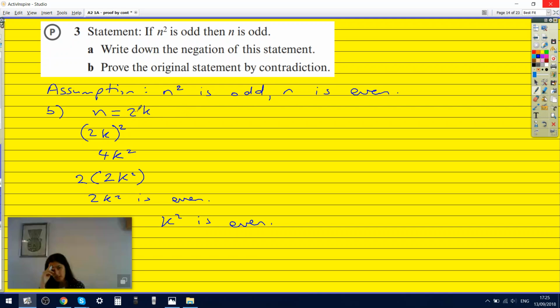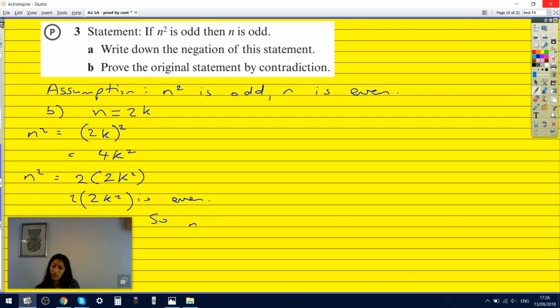So n equals what we've just said. n squared. If n squared, yes, that is it. n squared is equal to 2 times 2k squared. So 2 times 2k squared is even. So n squared equals even.